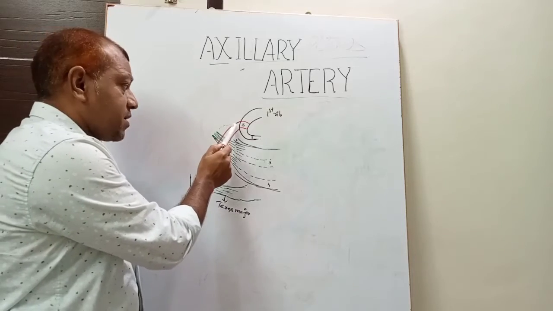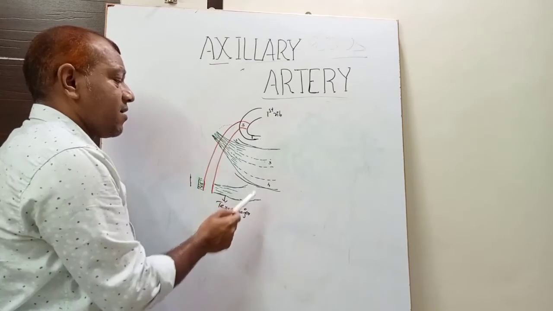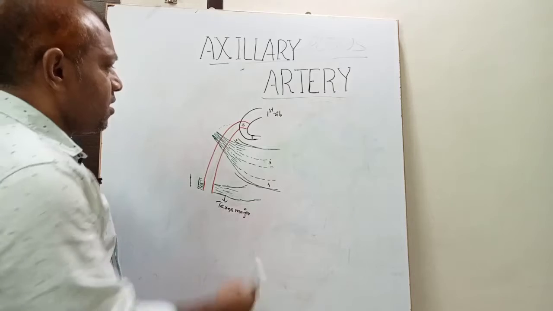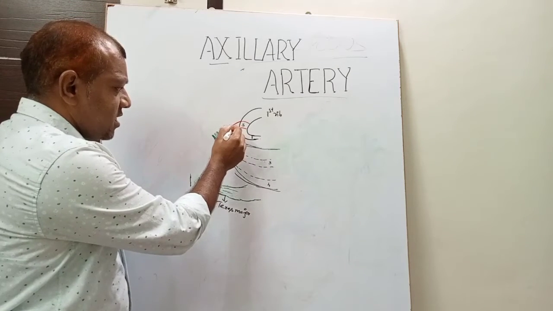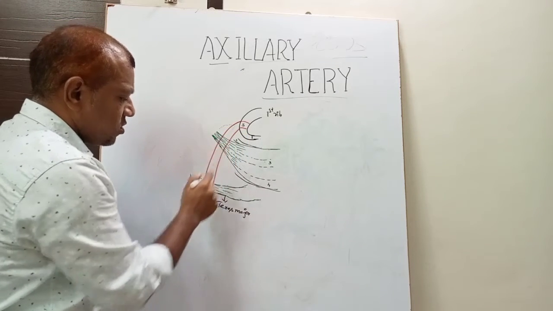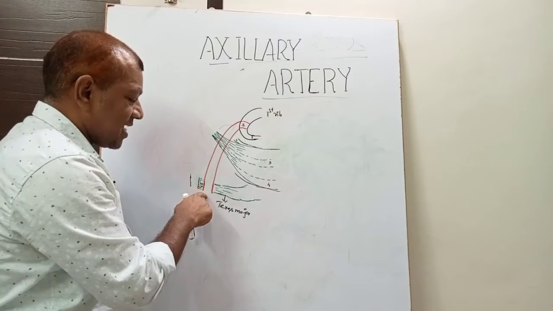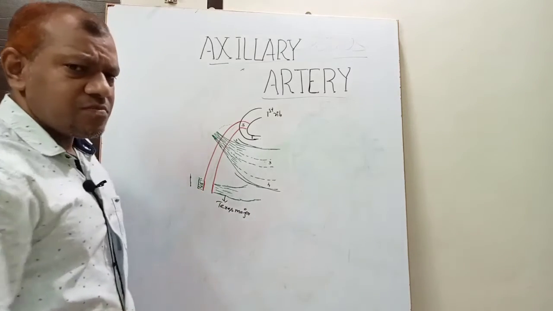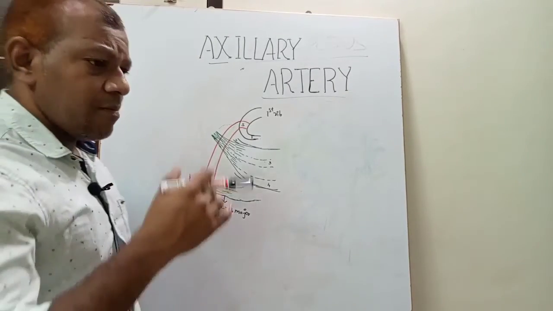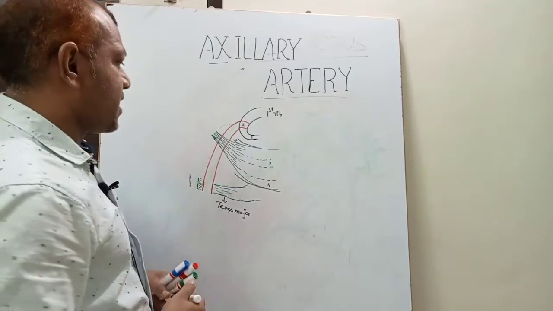That's why that apex is called the cervico-axillary canal. Then this axillary artery extends into the axilla, reaches the lower part of the teres major, and from here it extends as the brachial artery. So that is about the commencement and the ending of the axillary artery.